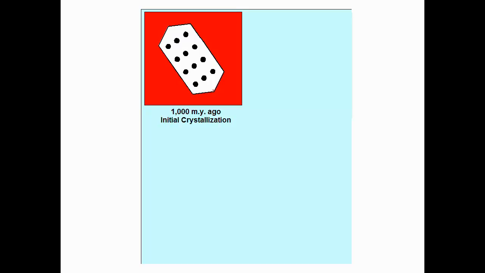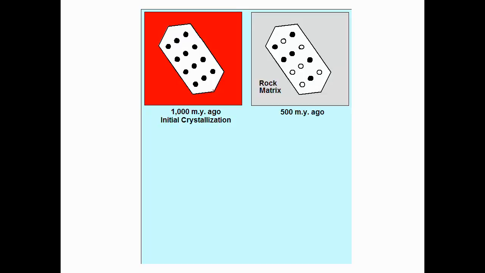The rock cools, and as time passes, the parent isotopes are going to decay to daughter isotopes within the crystal. And let's say the half-life is 500 million years. After 500 million years, we see that we have 50% parent and 50% daughter within the mineral.